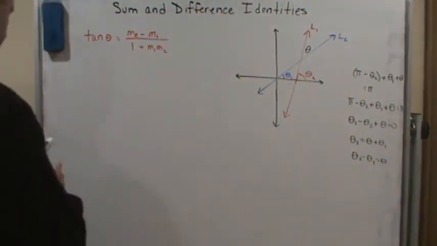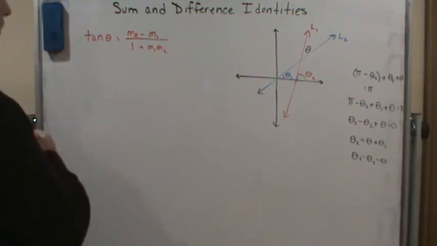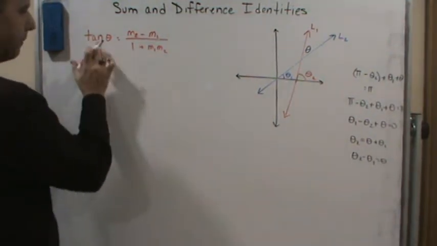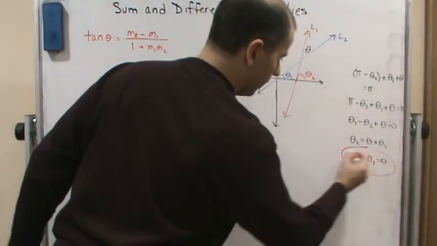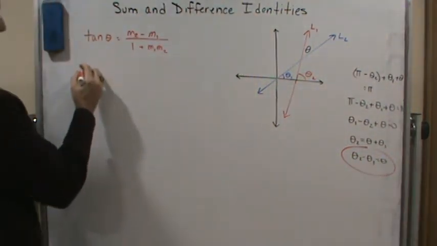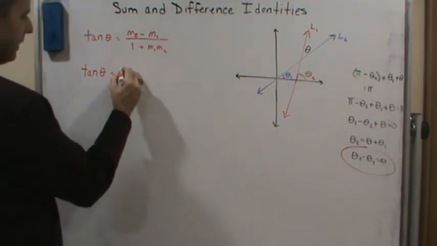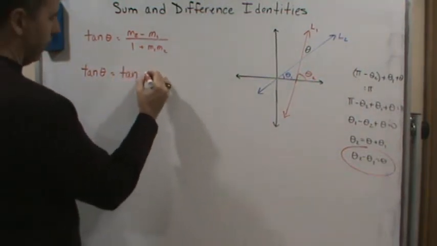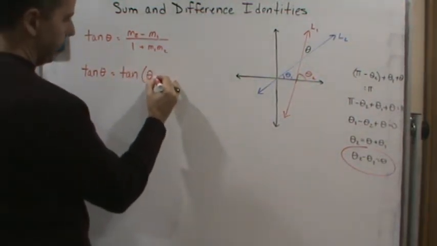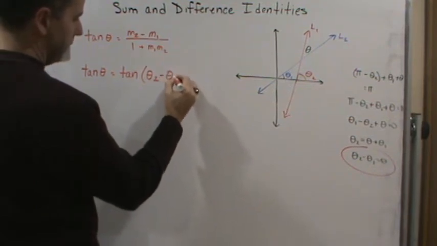So now what I'm going to do is, to get from here to here, I'm going to use that. And so now I'm going to start by saying, okay, well, tangent theta is equal to tangent of theta 2 minus theta 1.